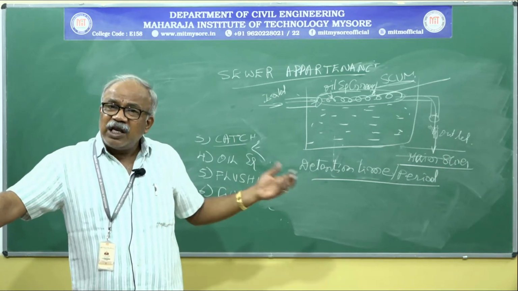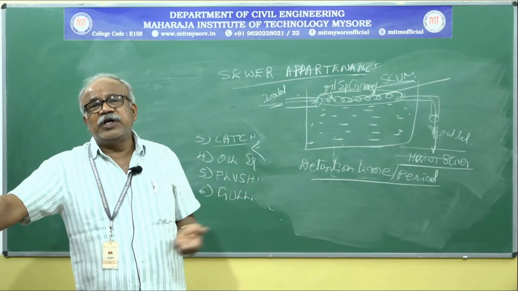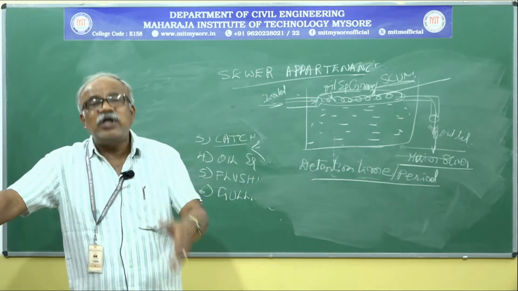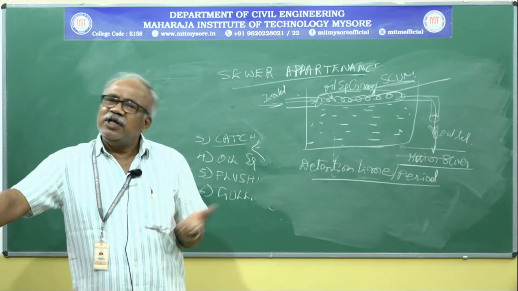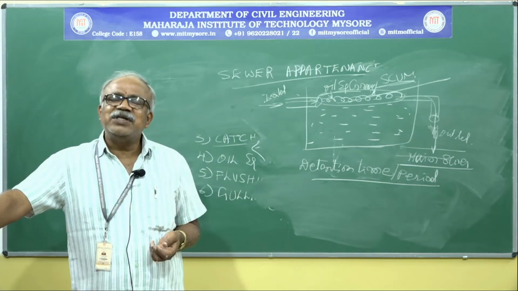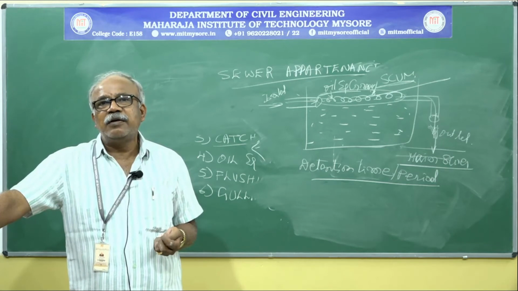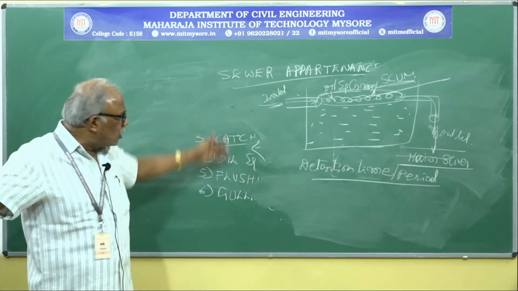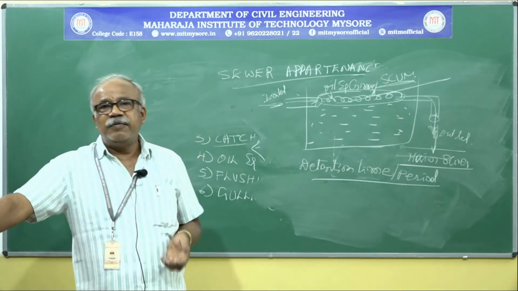In case we are not able to properly remove all those things before the stormwater or wastewater enters the sewer, there will be chances of accidents or incidents occurring. To avoid all those things, these are essentially needed.